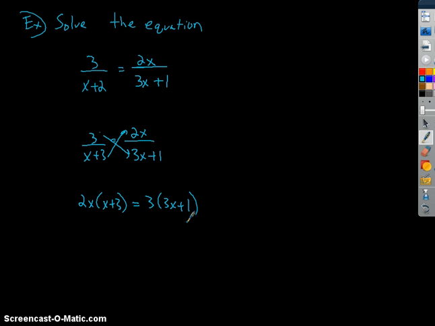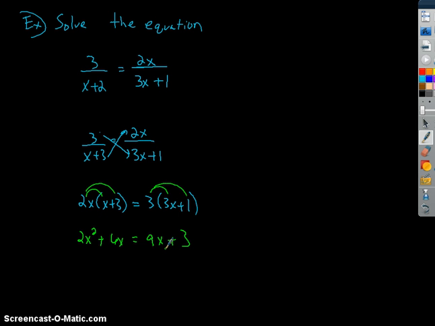And then I solve those little equations. So I will wind up having 2x squared plus 6x, and that's equal to 9x plus 3. But now this is a quadratic equation. The way we solve those is get one side to be 0.